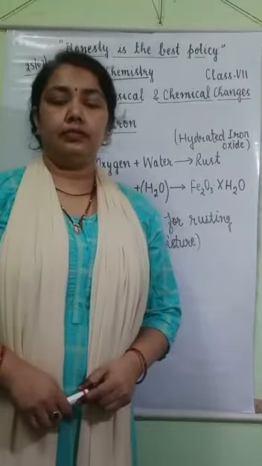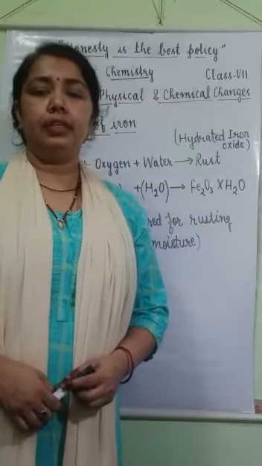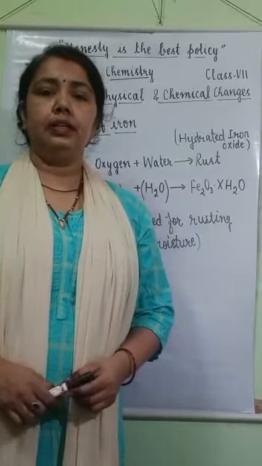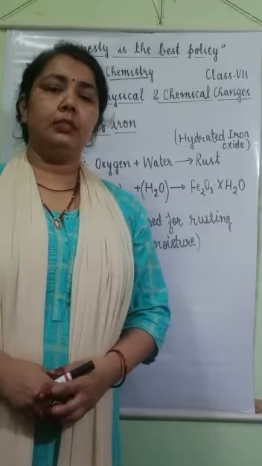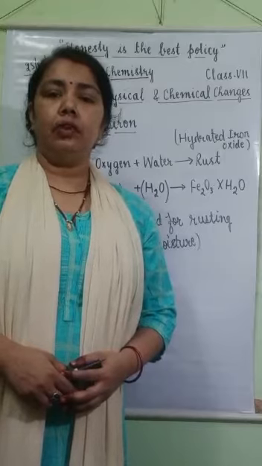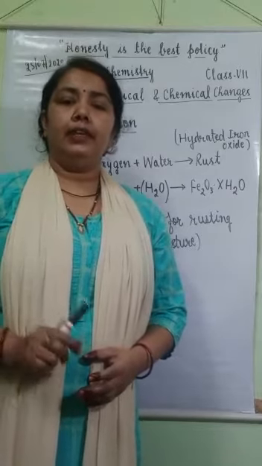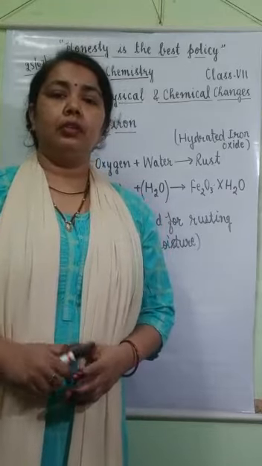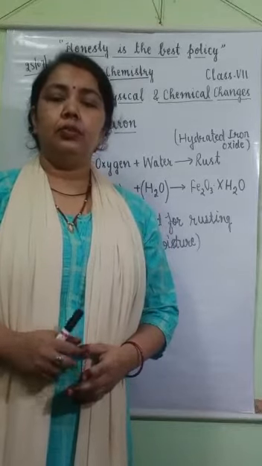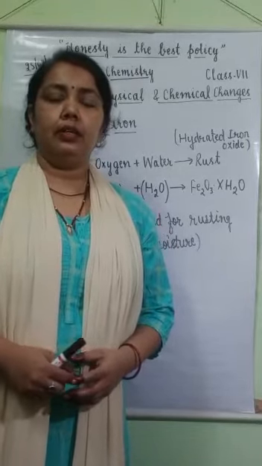What is rust? You have observed that when any iron object is left exposed in moist air that contains oxygen and water, a brownish flaky layer is formed on the surface of the iron. That is known as rust.